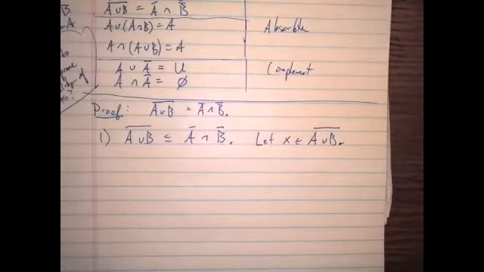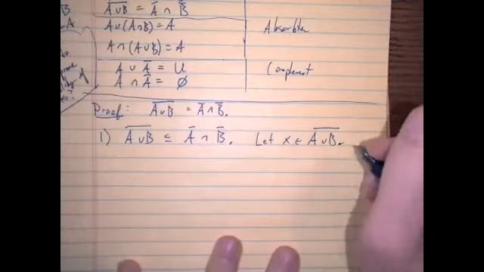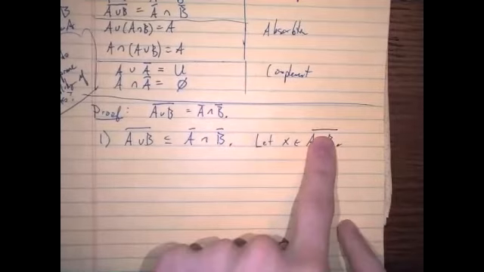What does the definition mean if X is inside (A union B) complement? Does that mean that X is inside A or B complement? Well, just from the definition, what does it mean to be inside the complement of a set? Let's forget about the A union B and just remember what it means to be inside the complement of something.